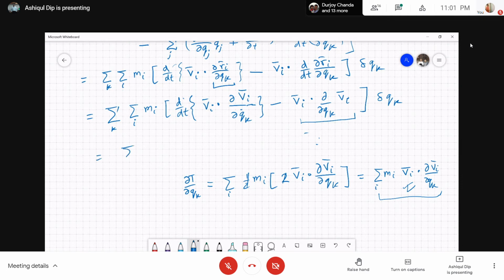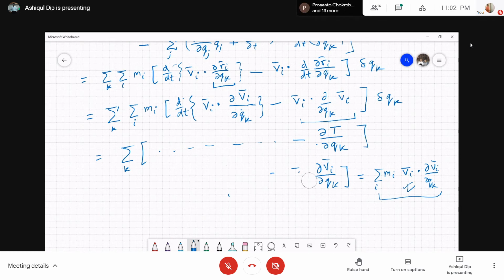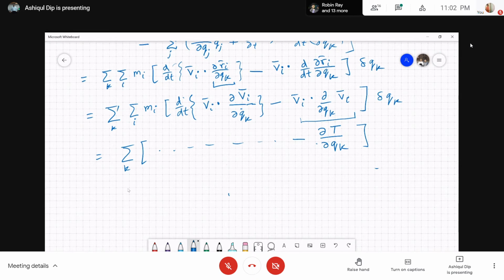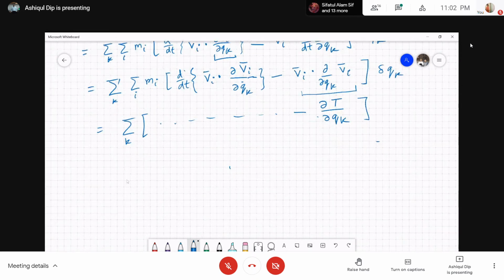sum over k, we will write something here. The second term is negative ∂T/∂q_k, where T is the total kinetic energy of the system. Also do the same thing for kinetic energy, but take the derivative with respect to q_k dot again. So if you do that, ∂T/∂q_k dot, what's that?